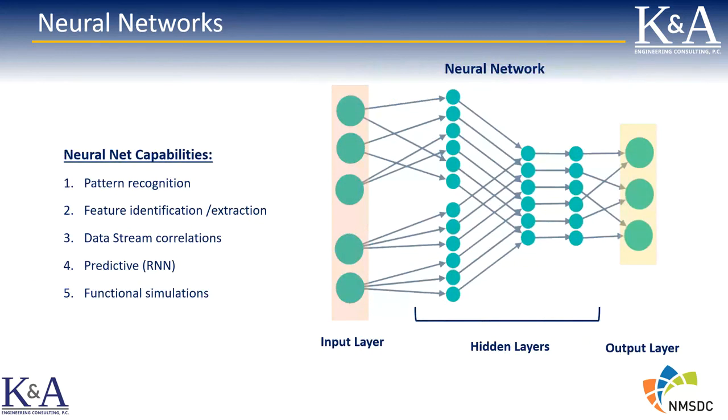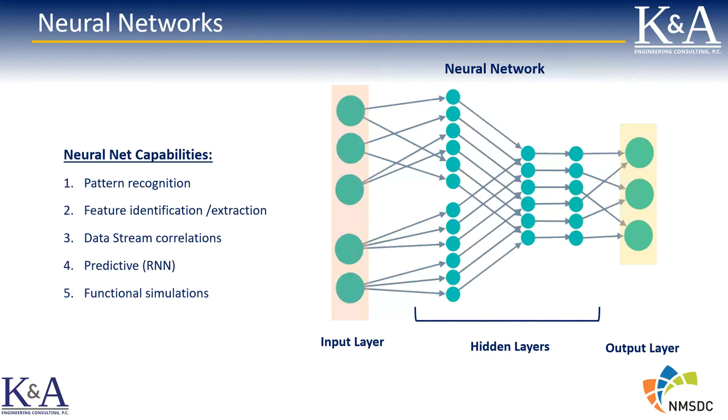So very quickly about neural networks, we thought that neural networks might work in this application because even though we're not experts on neural networks, we know a little bit about what they do, and what they're good at are things such as pattern recognition, feature identification and extraction, and finding correlations between data streams.